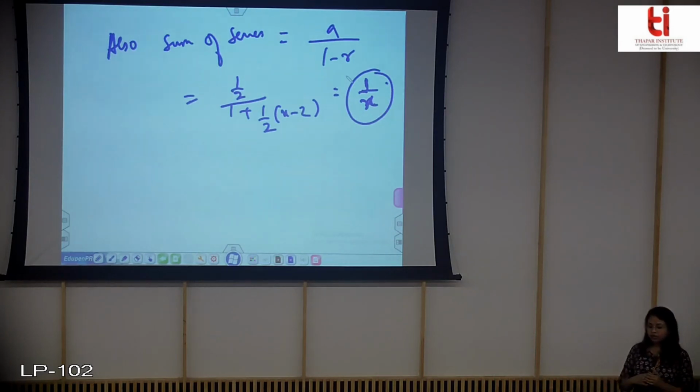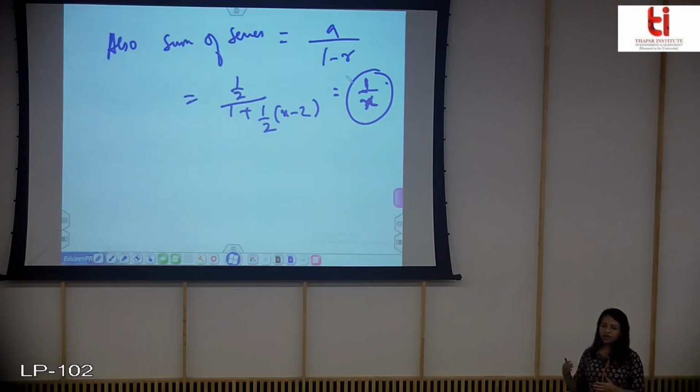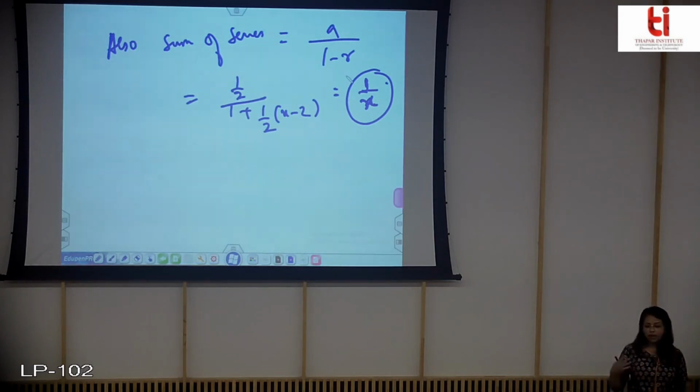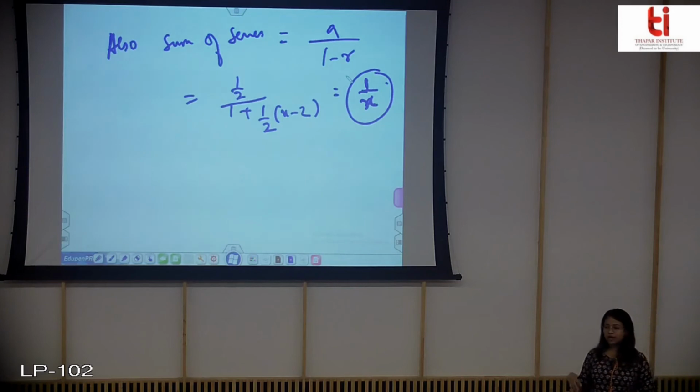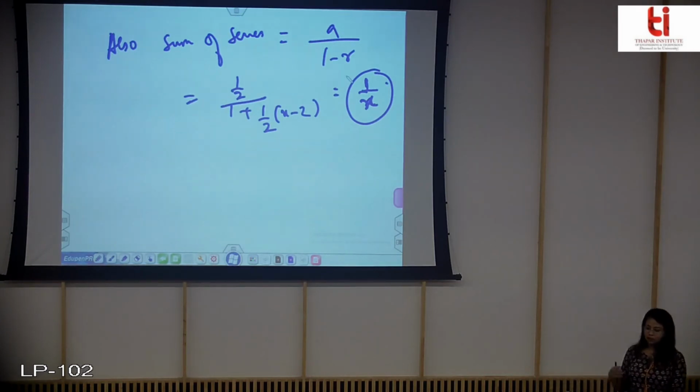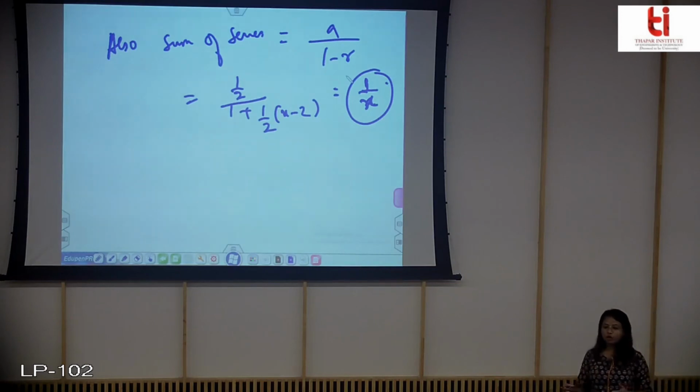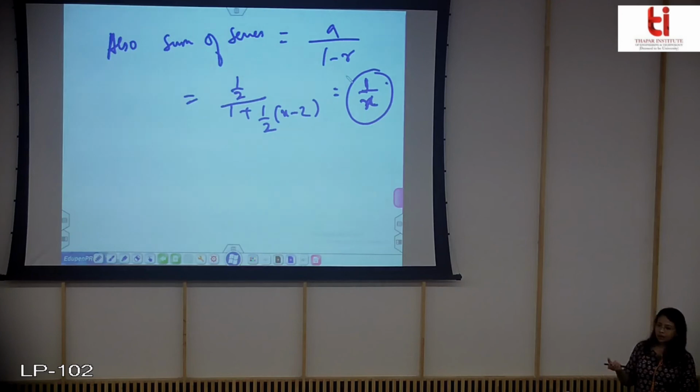Now in this case we have a geometric series, so we are lucky to find where the sum is converging, but there are many Taylor series where we don't know where they converge, and we will look at that later, the convergence theorem for the Taylor series.